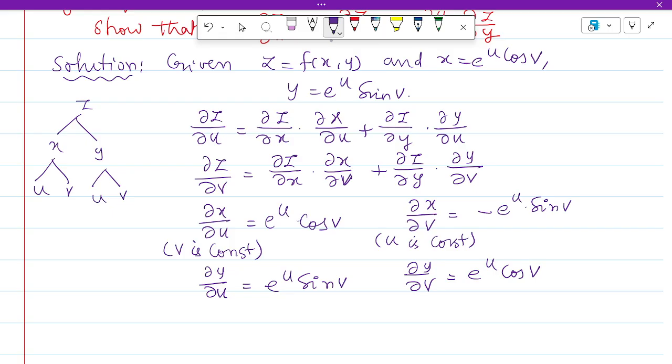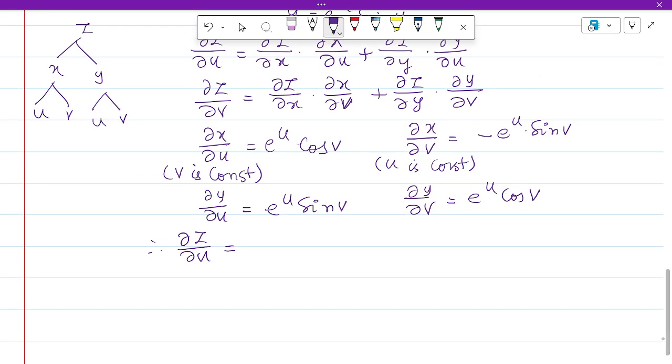Now we can calculate dou z by dou u. Therefore, what is dou z by dou u? Dou z by dou x into dou x by dou u, where dou x by dou u is e power u cos v, plus dou z by dou y into e power u sin v.